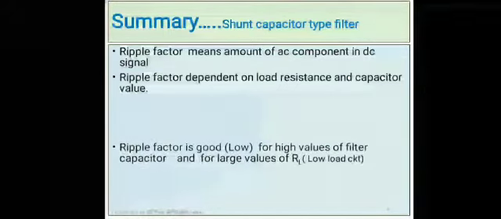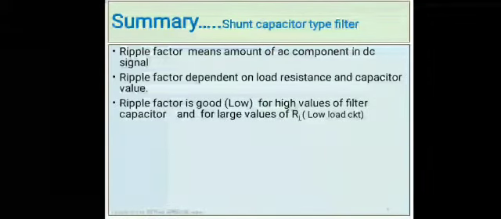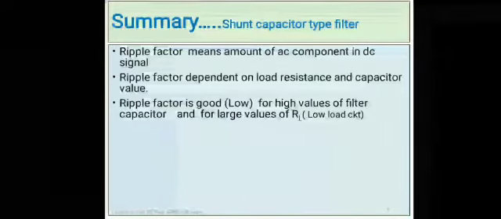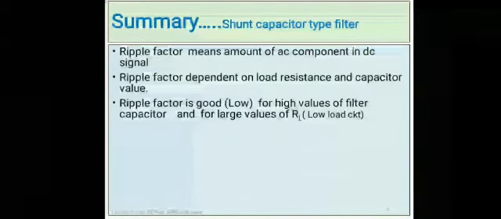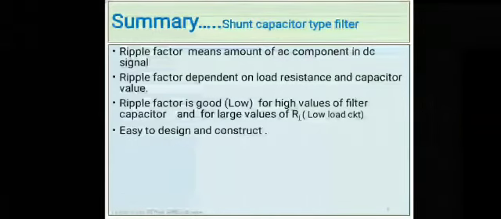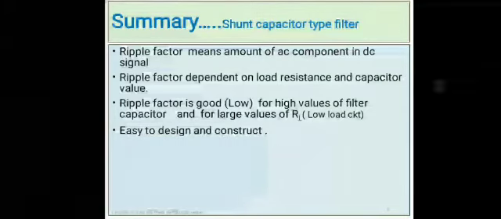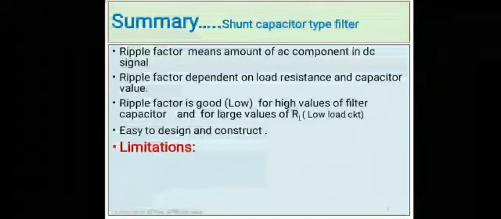We know the ripple factor is good only for higher values of filter capacitor and for higher values of load resistance. It is easy to design and construct, but it has some limitations.